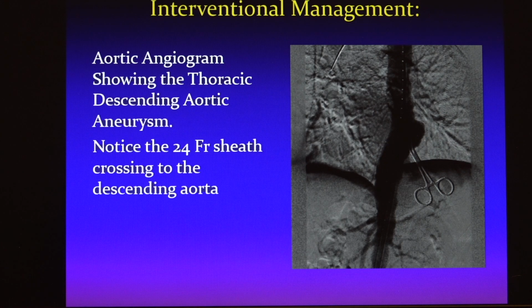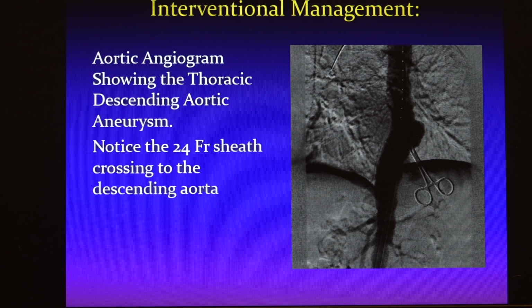On that wire, you can see the guide here going from the vein to the artery. We can put that 22 French sheath there. Obviously, you do the same for transcaval when you are doing TAVR as well.